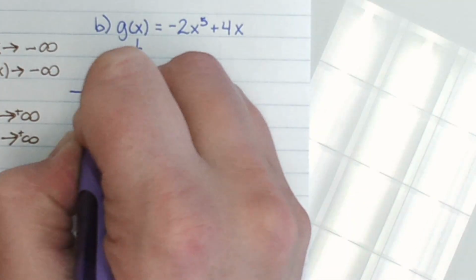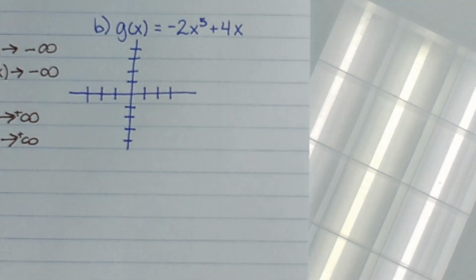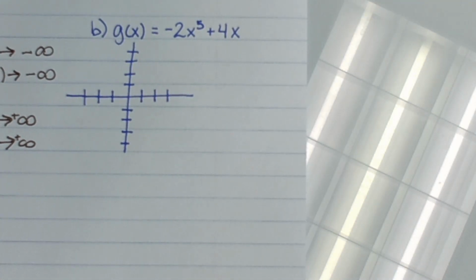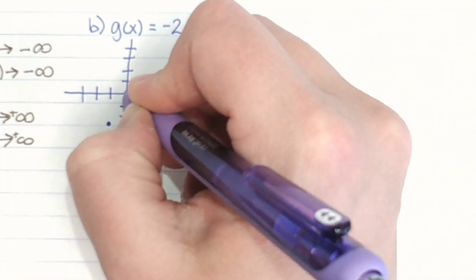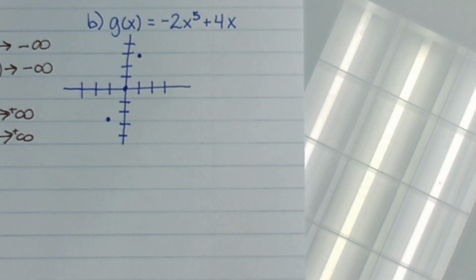On your axis, if you're counting by more than ones, you need to put numbers. If you don't put numbers, I'm assuming you're counting by ones. Okay, it appears to hit like right here-ish, and right here-ish. The rest of it, I just kind of make it look right.